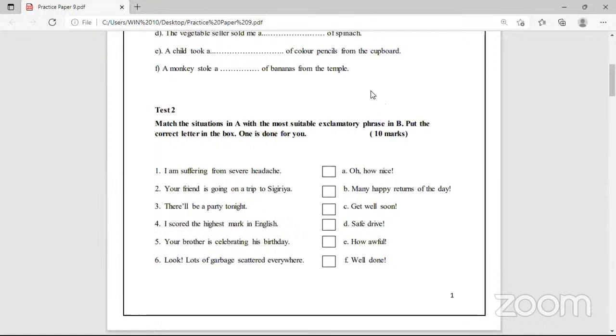This is not a very difficult question. So let's move to the answers now.